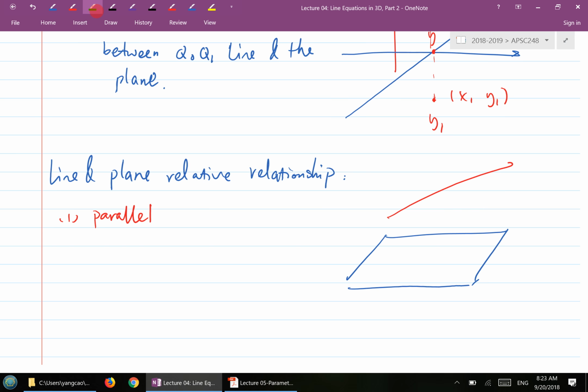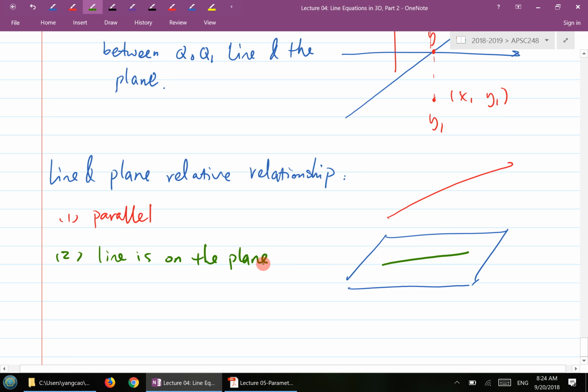And you could also have it like this: a line which is on the plane, or the plane passes through the line here. So that will be the second relationship, that the line is on the plane.